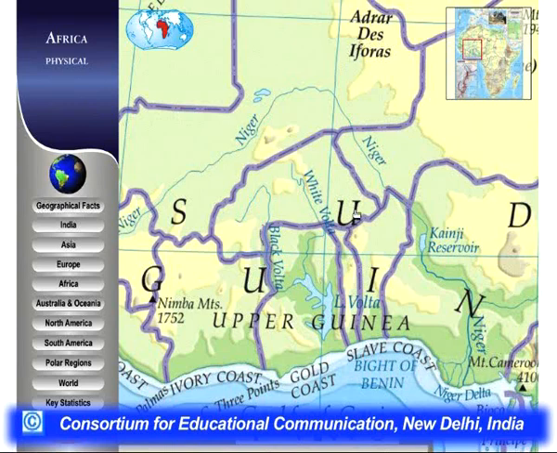So this is perhaps the only river in the world which drains in both the hemispheres, eastern hemisphere and the western hemisphere.